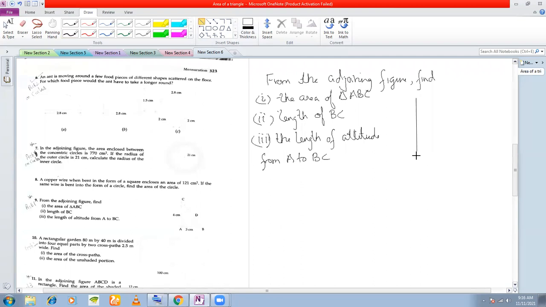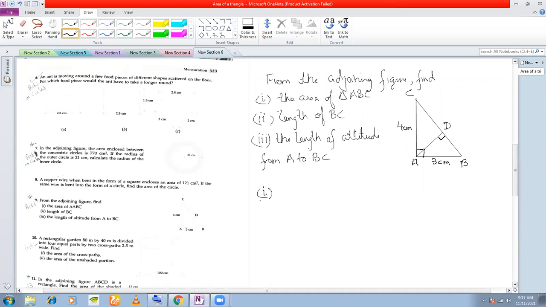This is the figure that is given to you. The first question is find the area of triangle ABC.